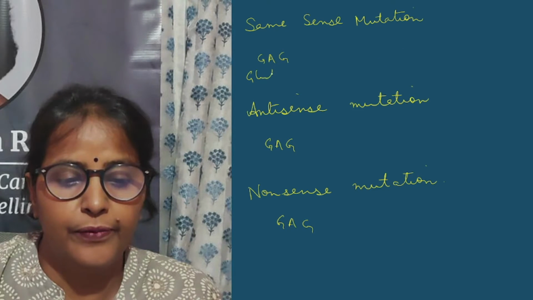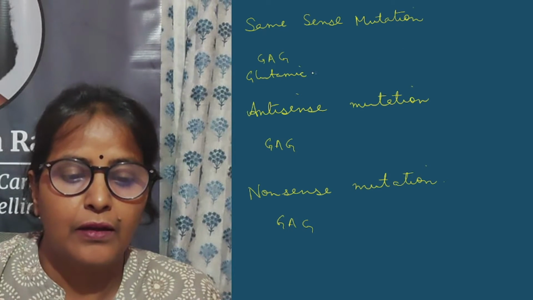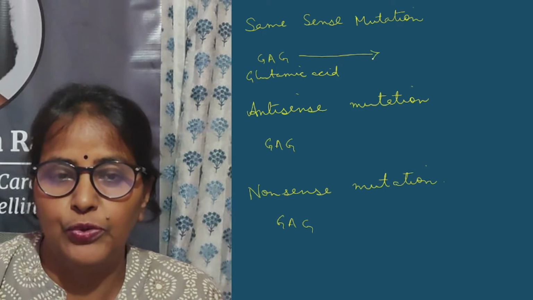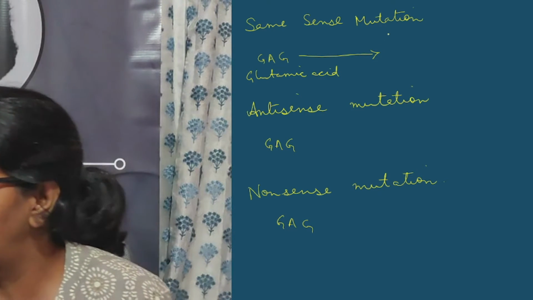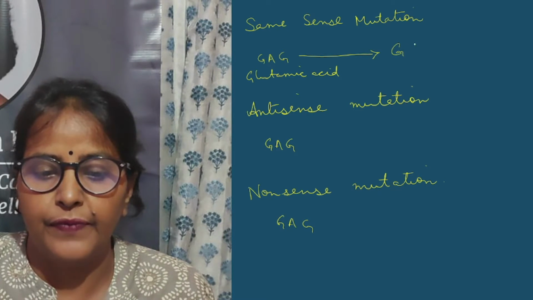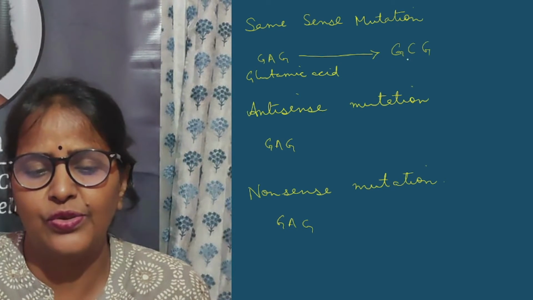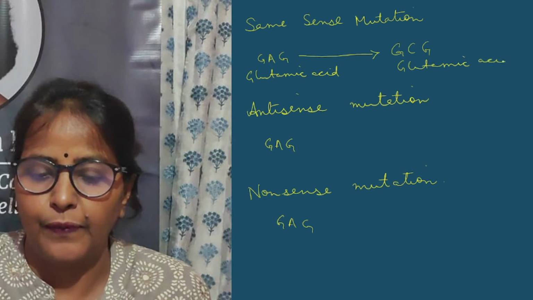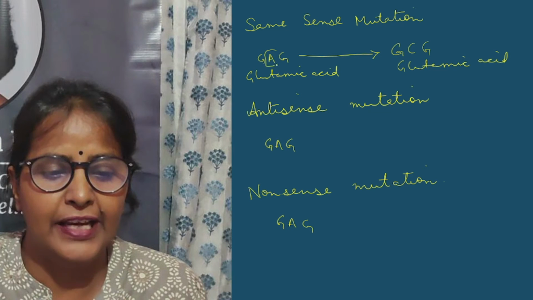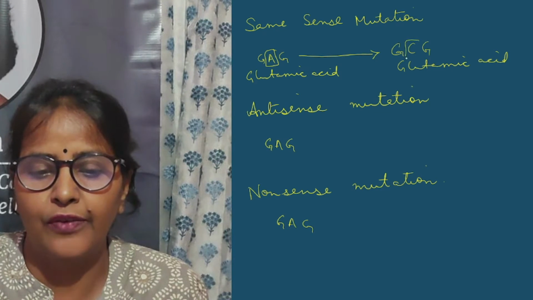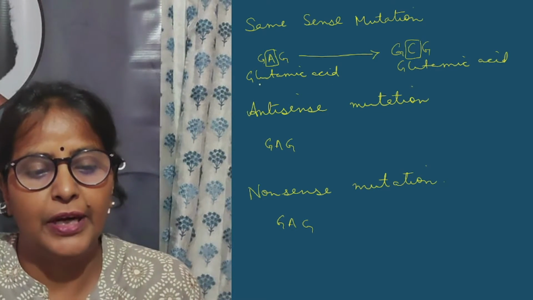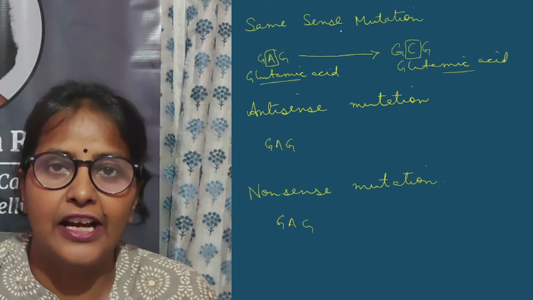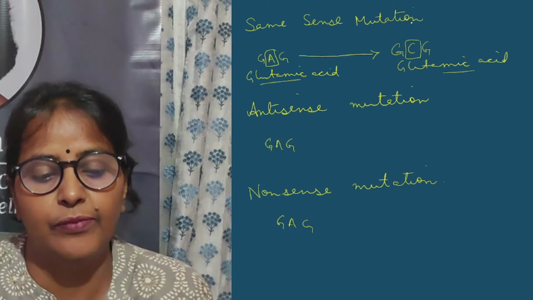GAG codes for glutamic acid. Now if this is mutated and it changes to GCG, this also codes for glutamic acid. Mutation has happened at this position, one of the bases has changed, but both these codes for the glutamic acid only. This kind of mutation is known as same sense mutation.